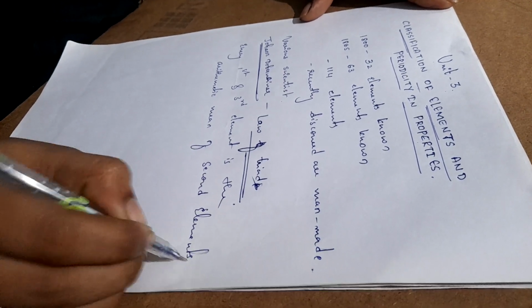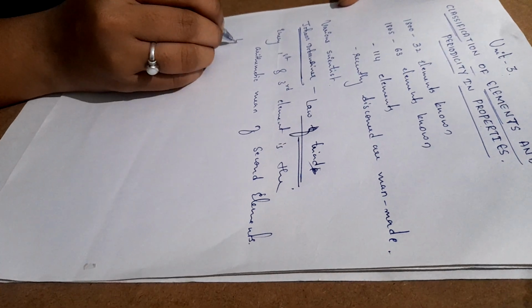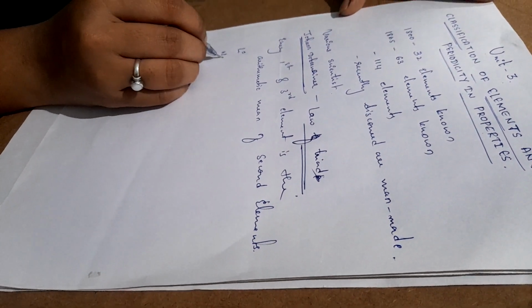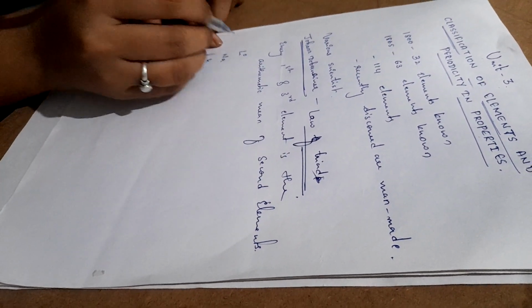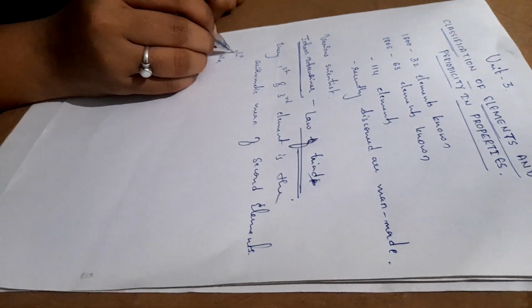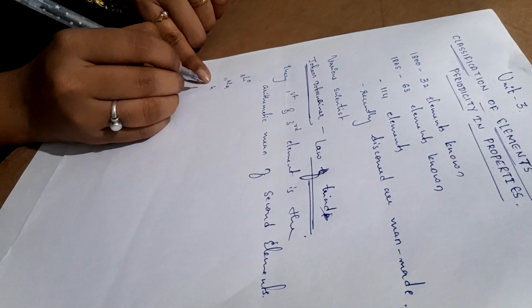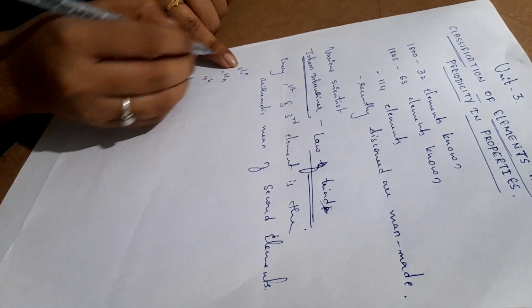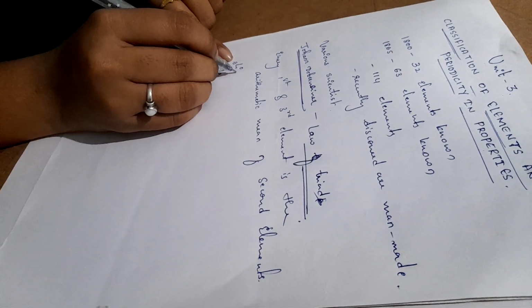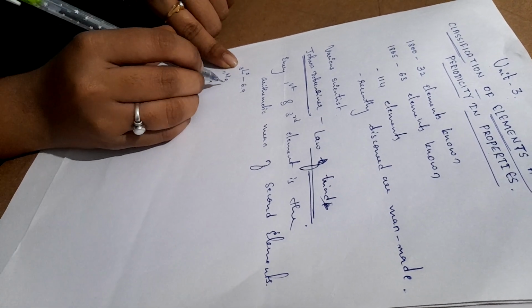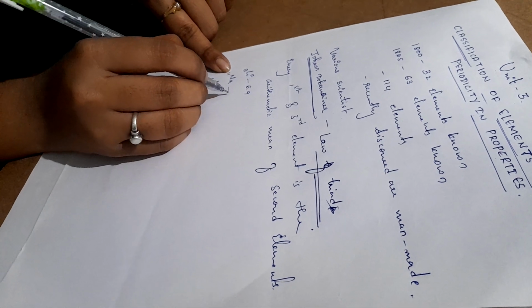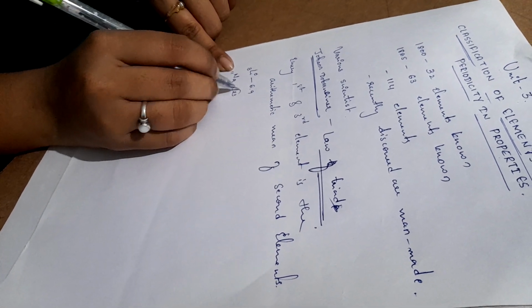Let me show you an example. This is lithium, this is sodium, and this is potassium. Lithium's atomic number is 3, sodium's is 11, and potassium's is 19. The atomic mass of lithium is 6.9, and the atomic mass of sodium is 23.